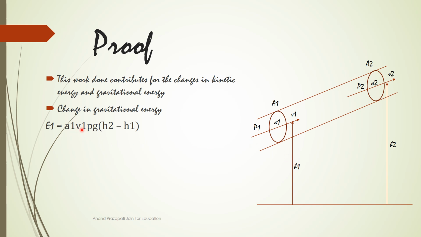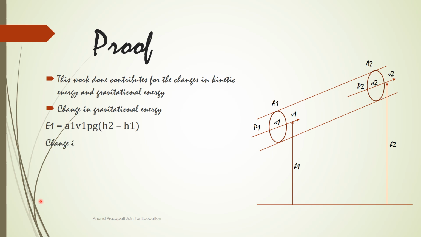The volume of the liquid at this point is equal to the volume of the liquid at this point, so A2 into V2 will be equal to A1 into V1. Hope there is no problem to understand up to this step. So this is the change in gravitational energy when the liquid moves from A1 to A2.